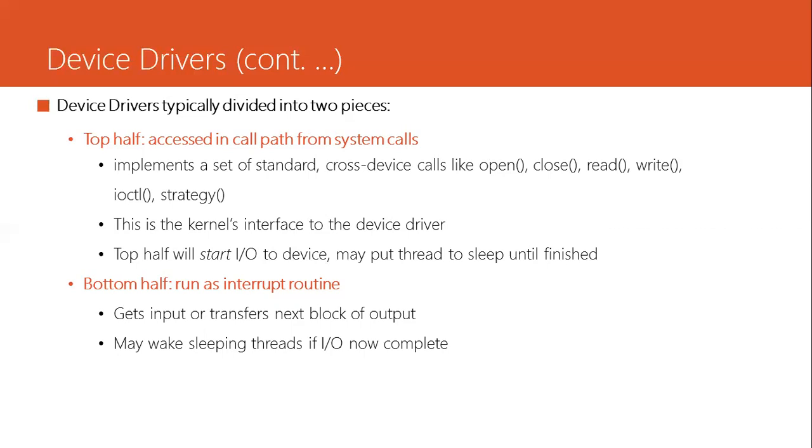The top half is the part that starts the IO operations and then puts a process to sleep until the results are completed. So the top half is the part that knows about the process.